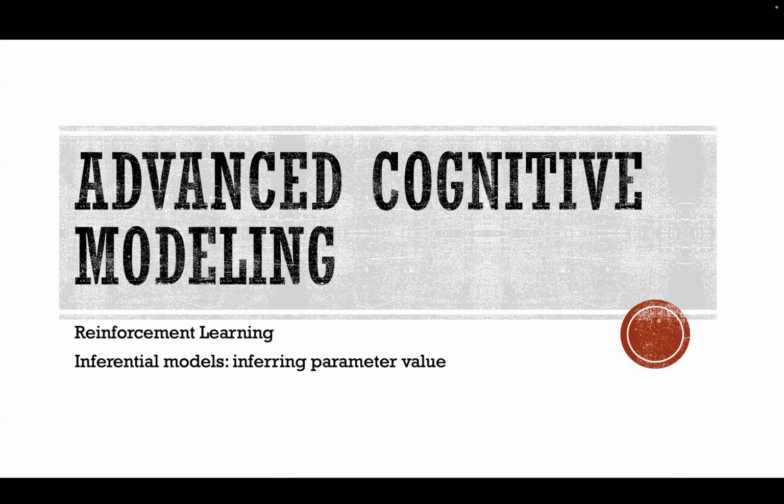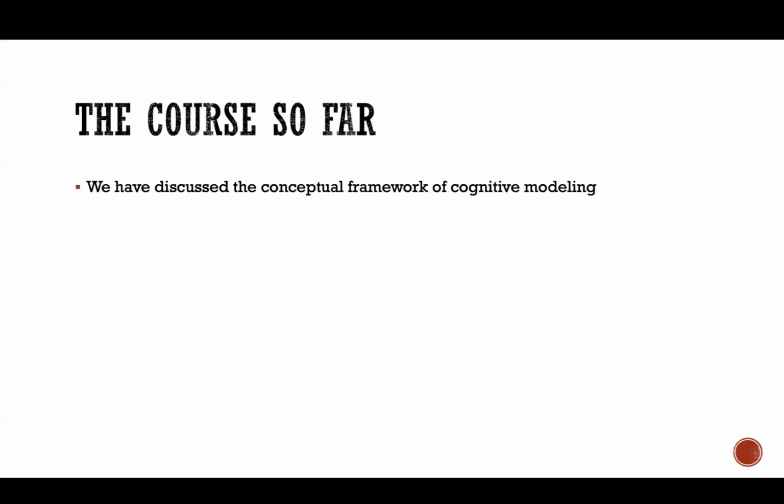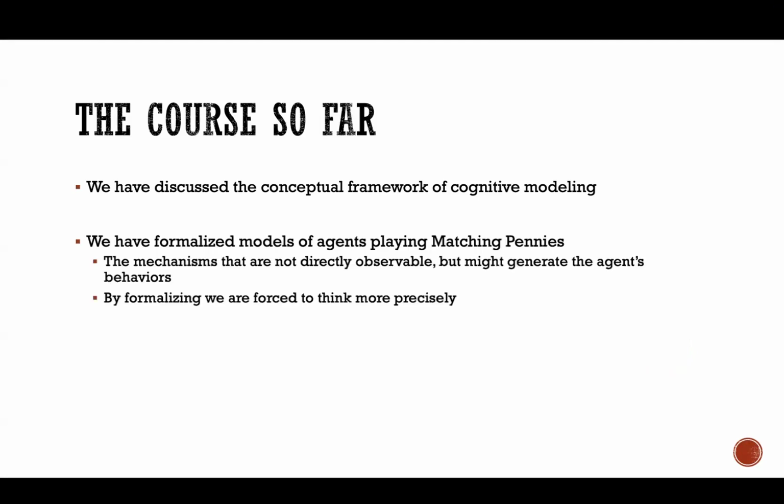So today is the third lecture of the Advanced Cognitive Modeling course. In the first lecture, we discussed the conceptual framework of cognitive modeling. And throughout the first and second class and the last lecture, we have formalized models of agents playing matching pennies.